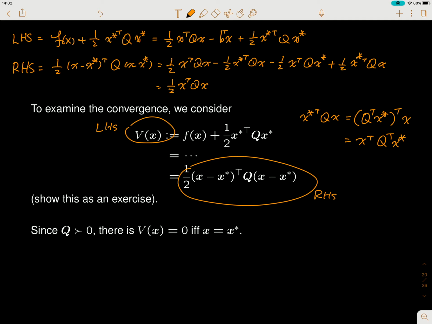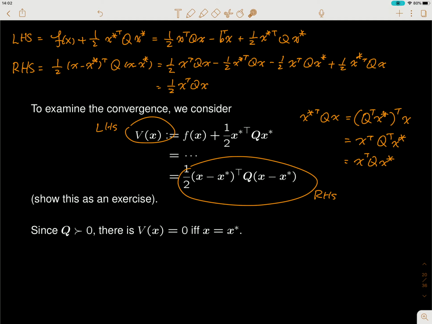So the Q transpose is just Q itself. So that's why it's just x transpose Q x star. So these two terms are actually the same. This is equal to this, and you can pick any one of them. That's the two terms.